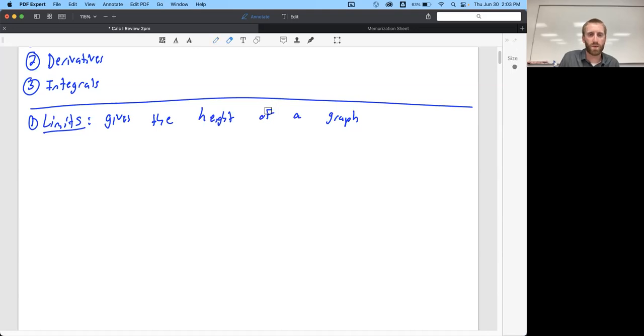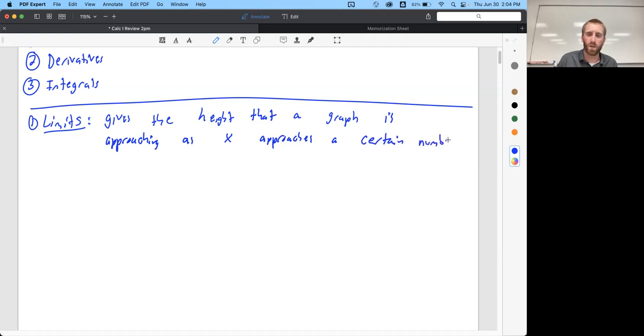It gives the height that a graph is approaching as x approaches a certain number. And I should say this: if the graph is continuous, then the limit is just equal to the function value.